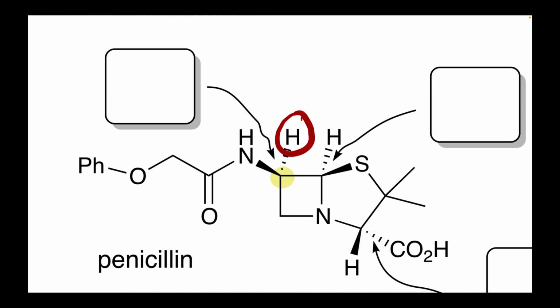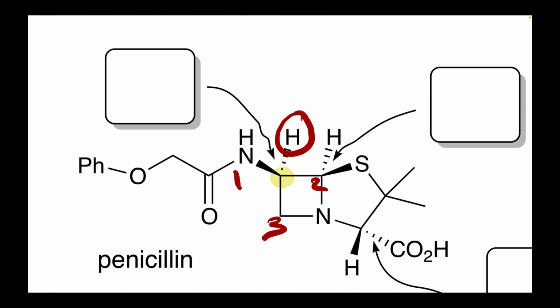Then this one versus that one, which would have the higher priority? Yes, so this would be 1, 2, and 3. The one attached to sulfur, because sulfur has the higher atomic number, so that would get precedence. So then what's the configuration for that molecule?